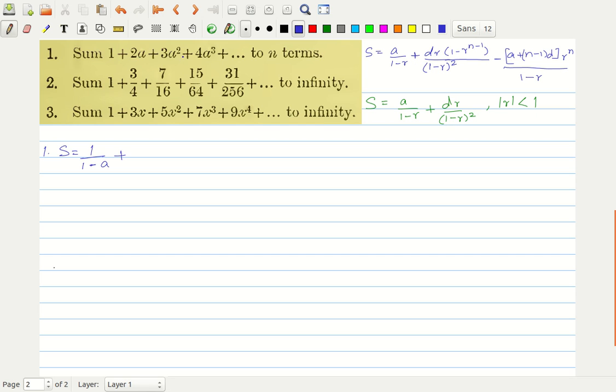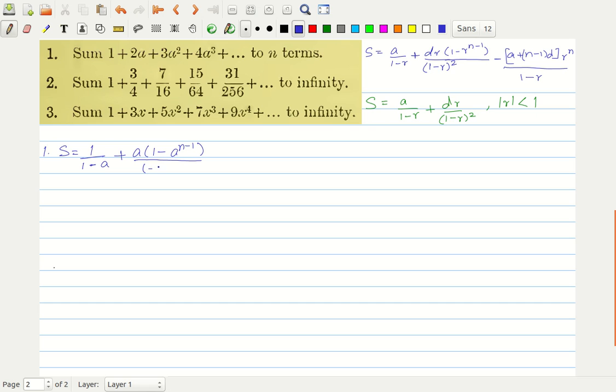Common difference is 1 again, 1, 2, 3, 4, 5, 6. So common difference is 1, common ratio is a. So this is a times 1 minus r to the power n minus 1. R is a, so it is a to the power n minus 1 divided by 1 minus r square.